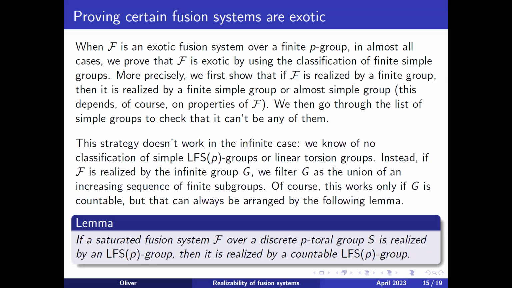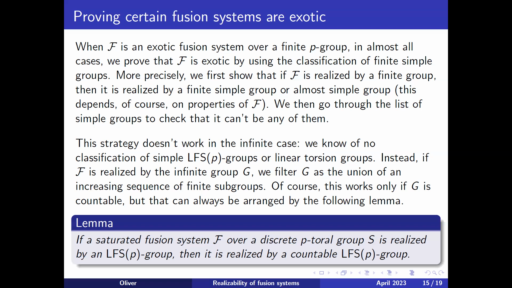So obviously, we can't do this in the infinite case because we've got no classification of simple locally finite p-groups or even of linear torsion groups. And no expectation that there ever will be one. So instead, if F is realized by the infinite group G, we filter G as a union of an increasing sequence of finite subgroups.